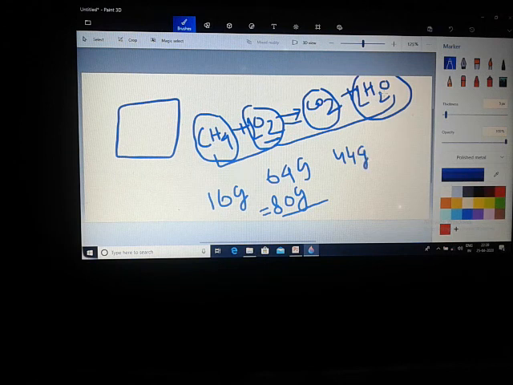In the case of water, one water molecule is 18, so 18 into 2 is 36 gram. Very simple. Oxygen is 16 plus 2 hydrogen, that is 18, so 18 into 2 is 36. So if you calculate, 36 plus 44 is 80 gram. That means the law of conservation of mass is followed.